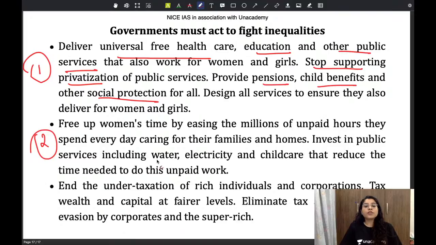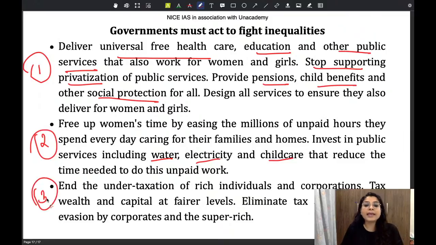For example, when you talk about women, they spend hours going to fetch water from faraway places in villages. Then in terms of electricity, in terms of childcare, if you reduce the time which is given for these unpaid activities, unpaid work, you can help women to contribute to the economic participation, social and political participation, and thereby fight these inequalities.